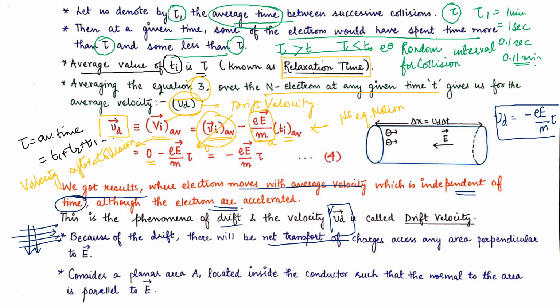Consider a planar area A located inside the conductor such that the normal to the area is parallel to E. Now we have considered this particular area. See, E is going here. This is the whole area which is parallel to E. This is a cylinder which has a planar area A. See over here, this is del x, which equals the drift velocity into the change in time.